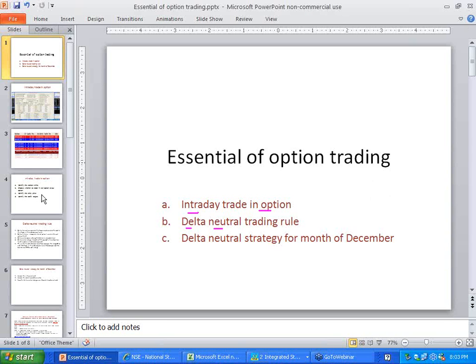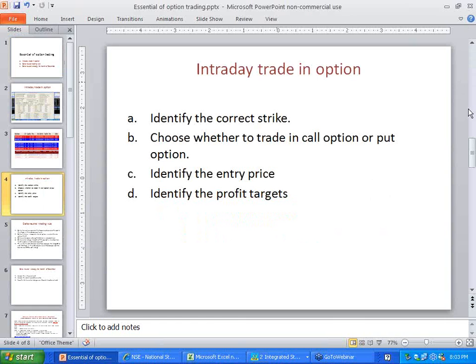So while doing the intraday trade in the options, what are the tasks we need to do? Identify the correct strike, choose whether to trade in call option or put option, identify the entry price and identify the profit targets. These are the things we have to do step by step.